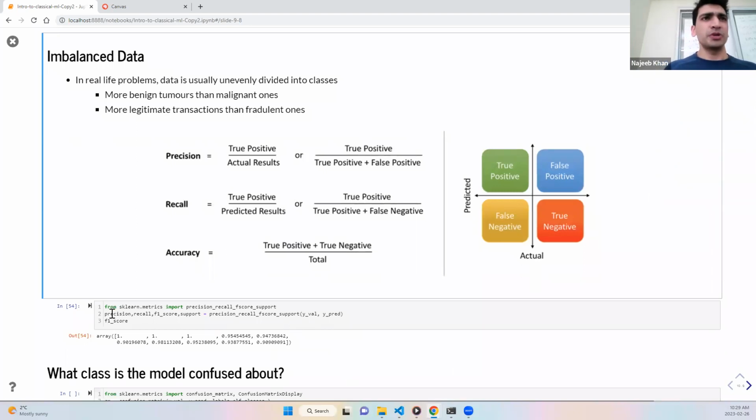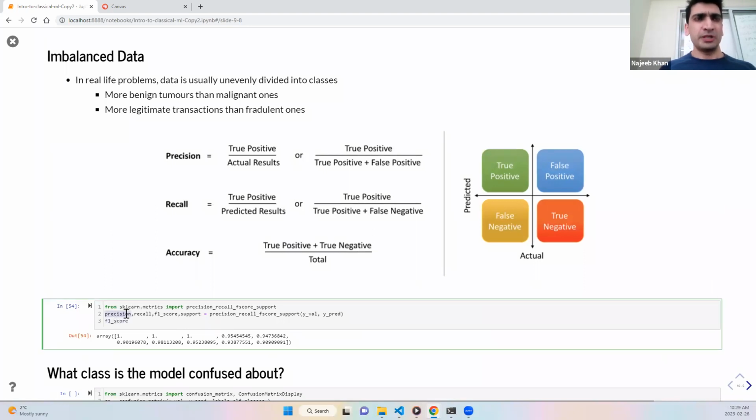Okay, so here let me print the precision. On some classes, the precision is 1, but on other classes, the precision is low. Similarly, recall.